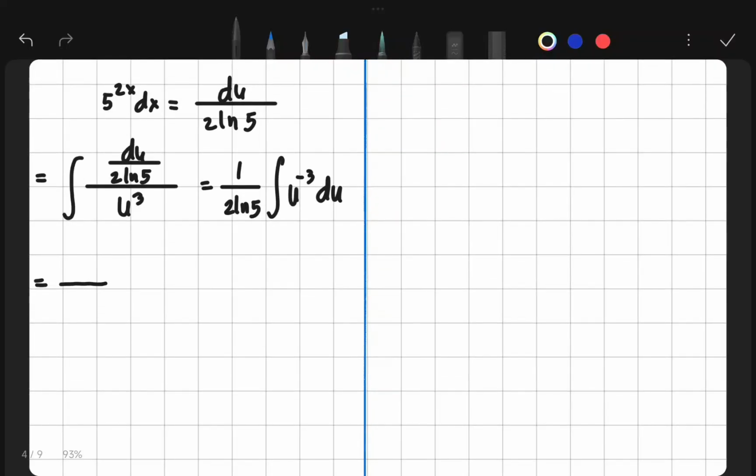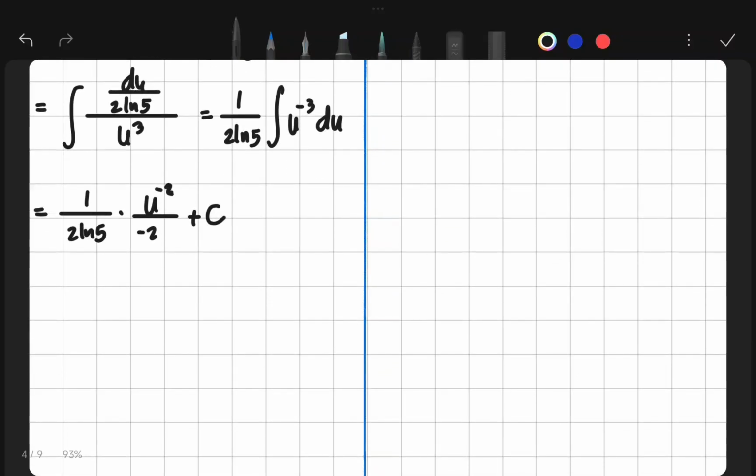So this will become 1 over 2 ln of 5 times u raised to negative 2 over negative 2, plus c. Simplify it, we can put the u as a positive exponent and move it down to the denominator.